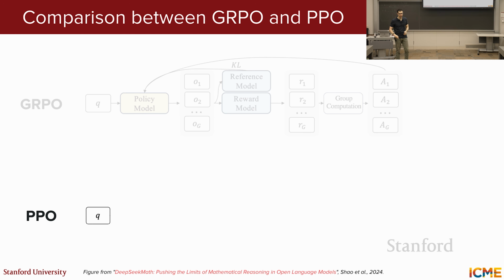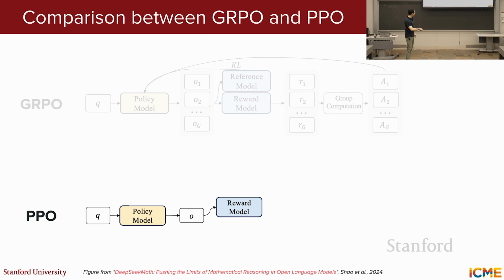With PPO, if you remember, you have your prompt, your query, you pass that through your policy model, and you only have one completion. You pass your prompt and your completion, so this pair, through the reward model, and this gives you a reward for that whole completion.